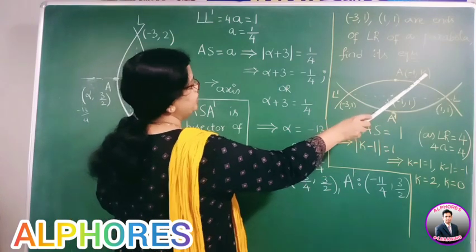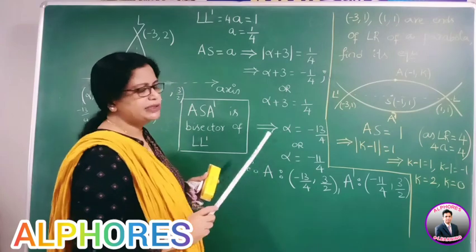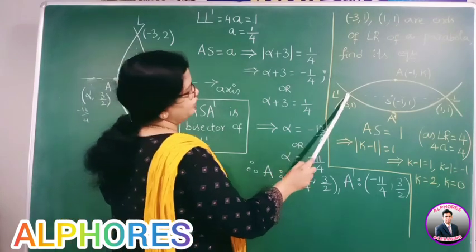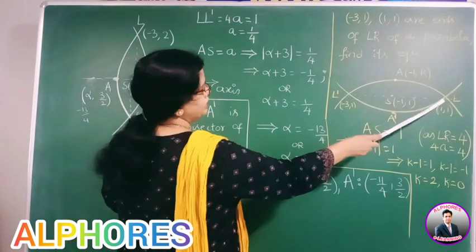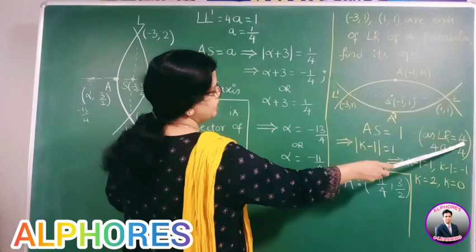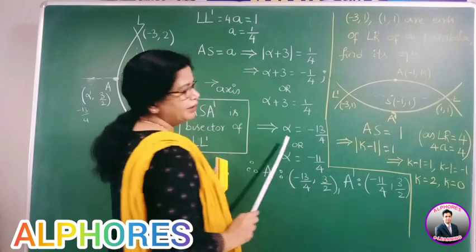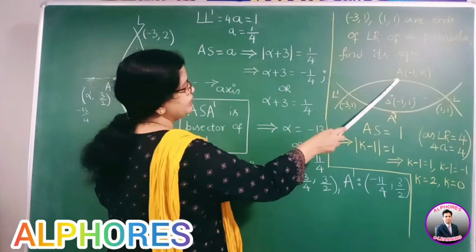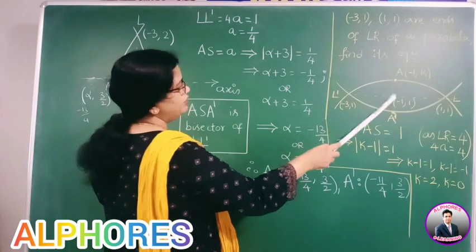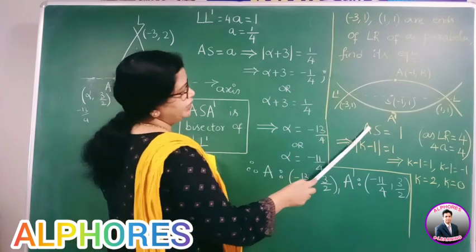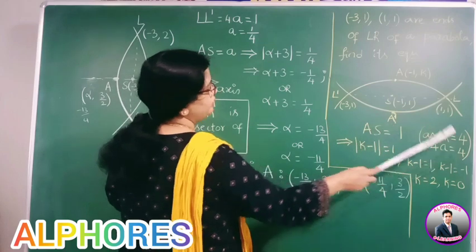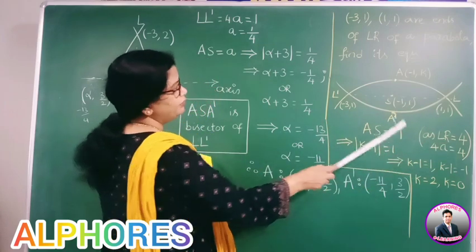The only thing is here you need to find one unknown value, that is k. Now what about the total LL', the length of the latus rectum? The total LL' is 4a equal to 4. And just now we have observed AS is nothing but 1/4 of our latus rectum. Therefore AS is 1/4 of this value, that is equal to 1.